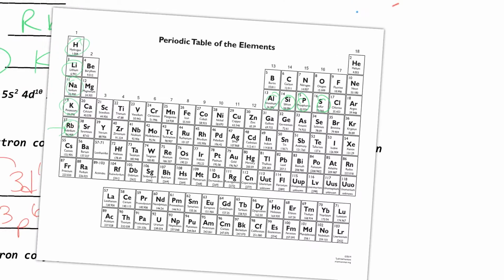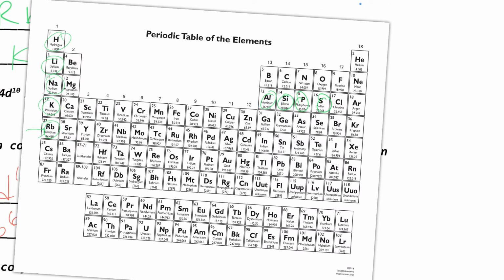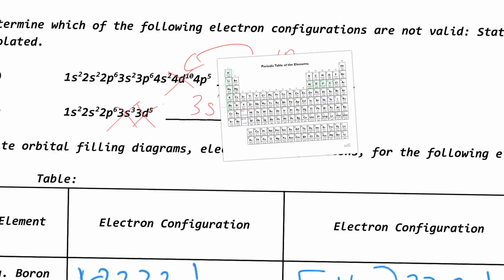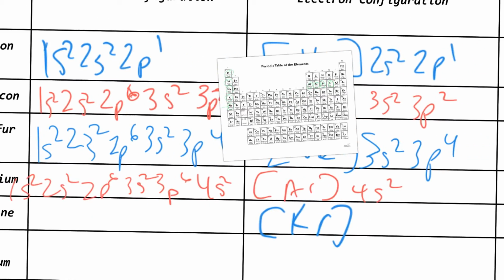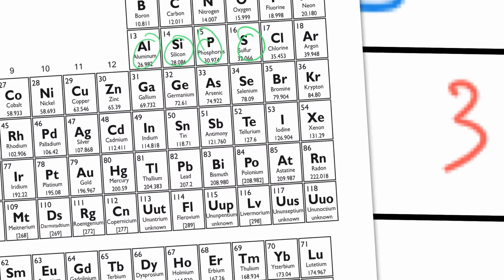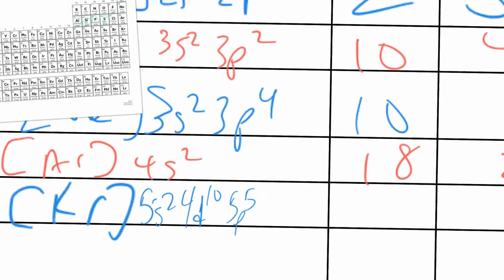And then we're going to go straight across, 1, 2, 3, 4, 5. 5s2, 4d10, 5p5, which means it has whatever krypton has, 36 electrons.